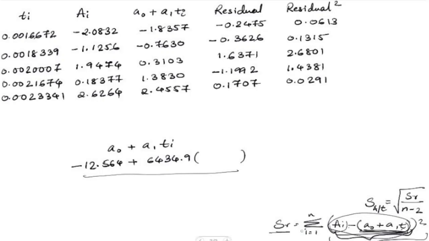Now to calculate the S sub r, we need to sum all the values of the residual, right? So we need the summation of all of the residual squared, and that is 4.3401.